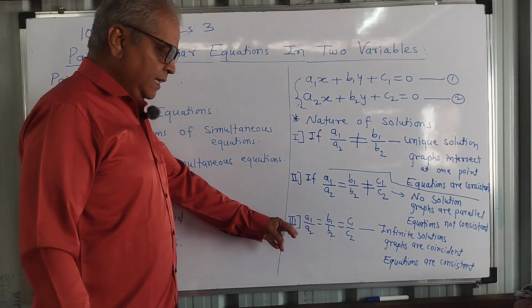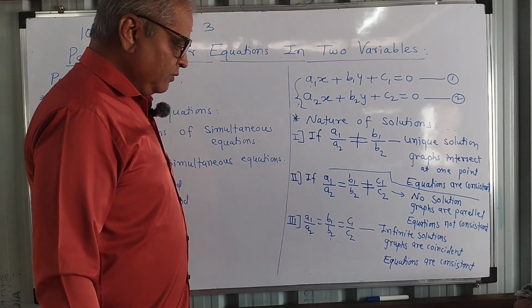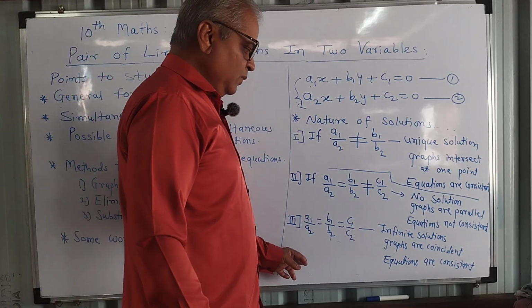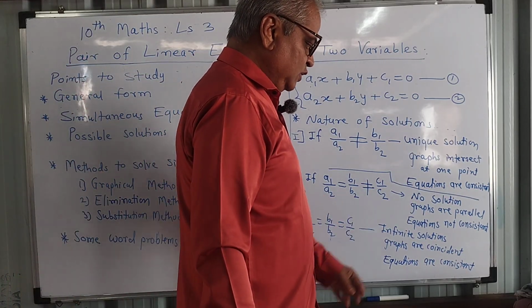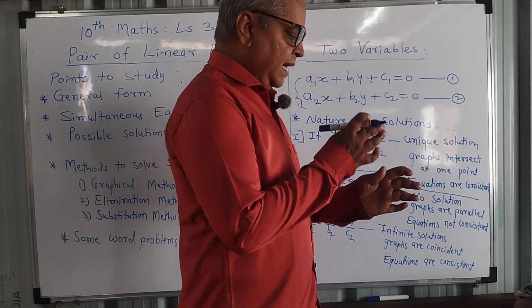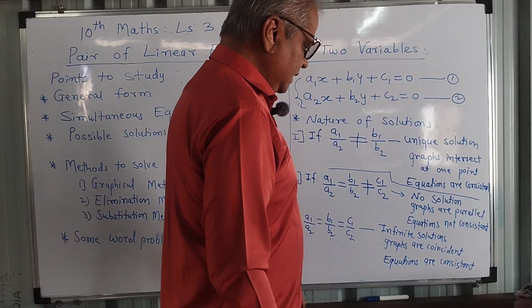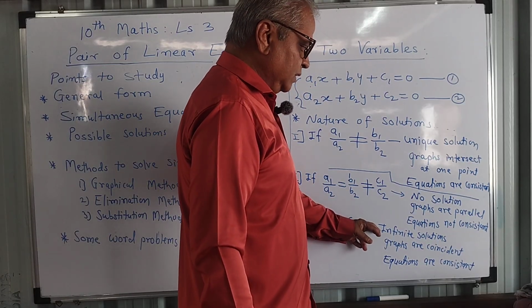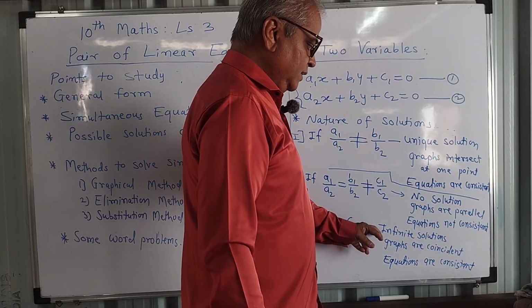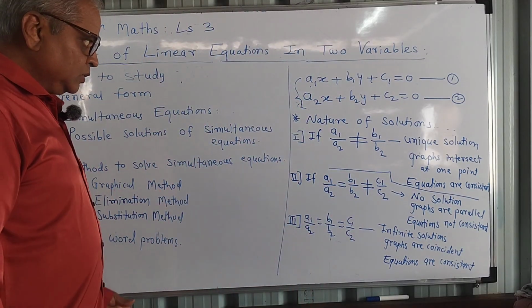And last possibility, a1 upon a2 is equals to b1 upon b2, which is equals to c1 upon c2. It has infinite solutions. Graphs are coincident. ग्राफच्या दोन्ही लाईन एकावरती एक येणार. That's why graphs are called coincident, and it has infinite solution. It has solution which are infinite solutions, so equations are consistent.